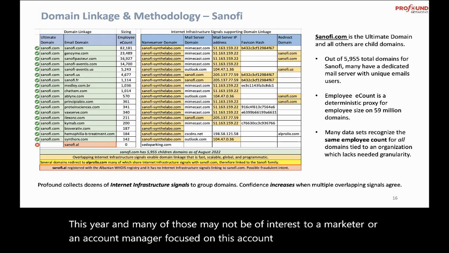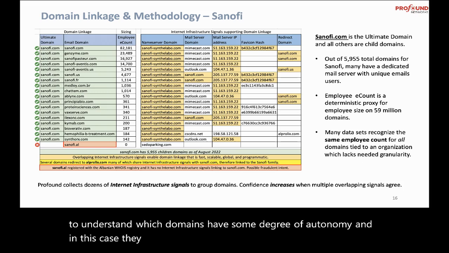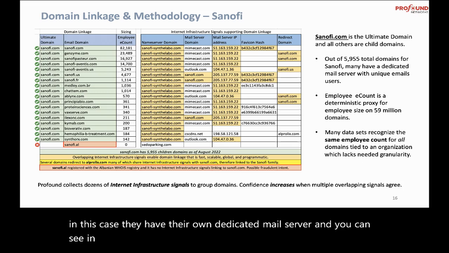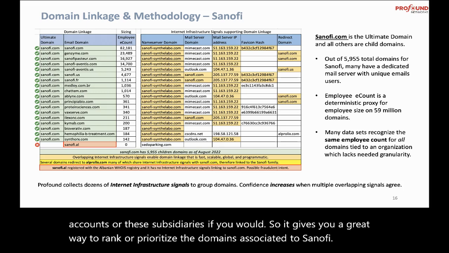Rather, they may want to understand which domains have some degree of autonomy, and in this case, they have their own dedicated mail server, and you can see in descending order the size of these accounts or these subsidiaries, if you would. So it gives you a great way to rank or prioritize the domains associated to Sanofi that have a dedicated email server.